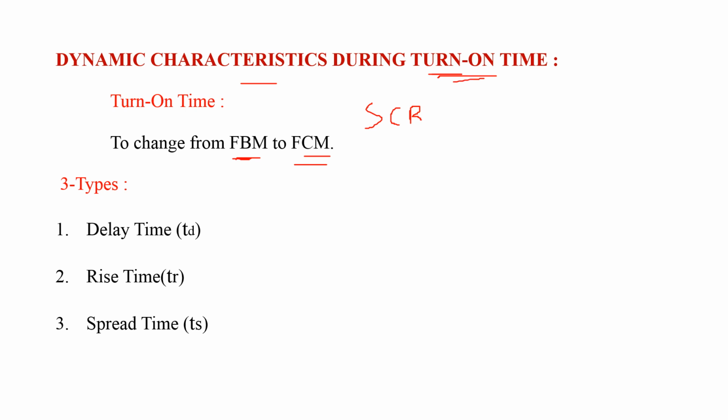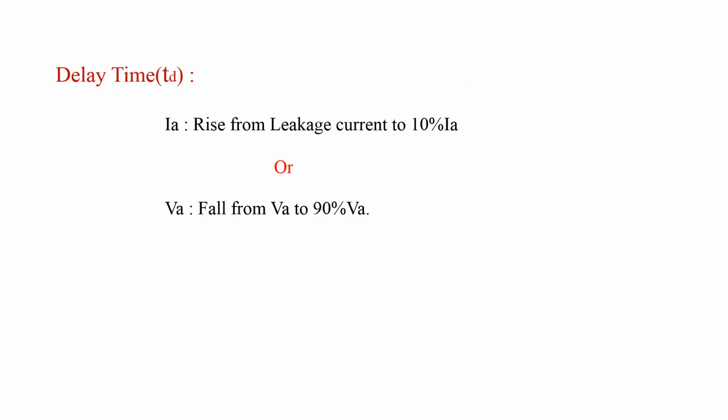Dynamic characteristics during the turn on period of SCR can be classified into three types. First is the delay time, second is the rise time, and third is the spread time. Now we are going to discuss delay time, rise time, and spread time in terms of anode current and anode voltage.